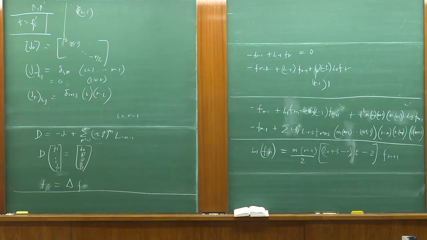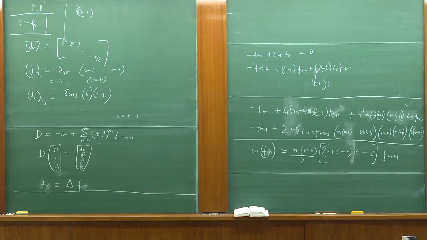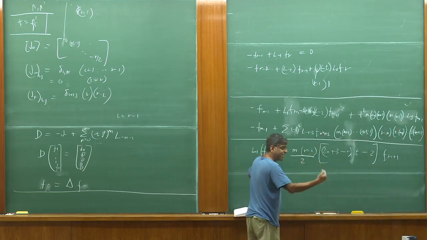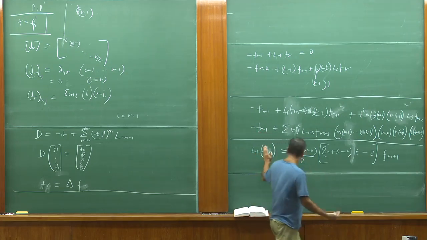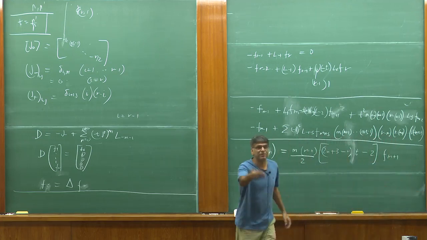The point is that this one lower level descendant is precisely, or not precisely, proportional to Fm plus 1. The linear combinations work out in the right way. That is what is special about this operator. So this equation is going to be true for all values of m that are smaller than r, and when you choose m equals r, it will be true, but there's no Fm plus 1, so just with 0.